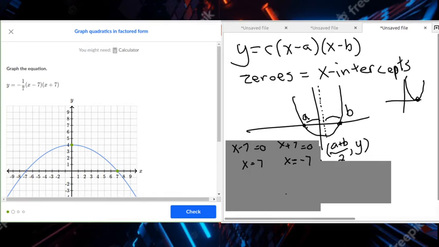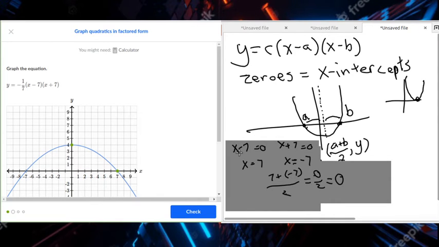Ooh, I got lucky. But we should do this just so we know how to do it. I'm going to find the vertex, and that is the average, 7 plus -7 over 2. And 7 minus 7 is 0. So our x value for the vertex is 0.